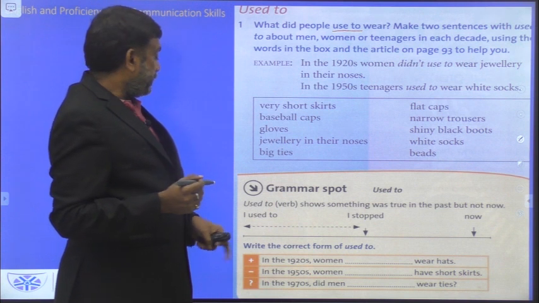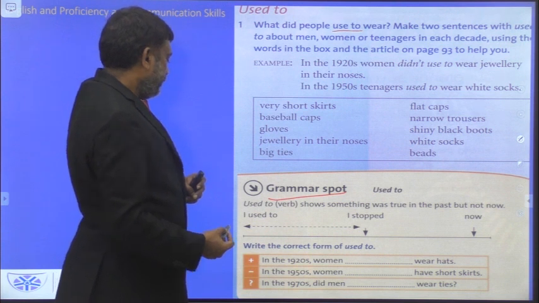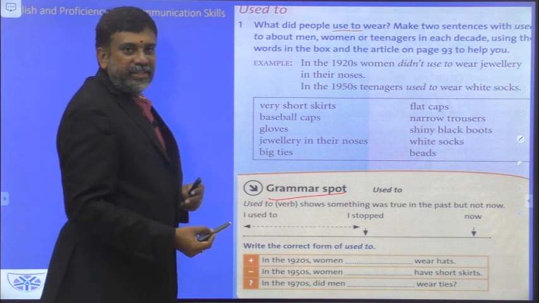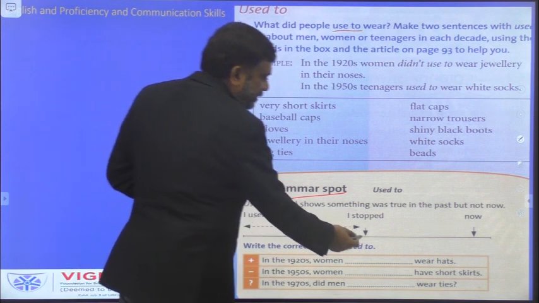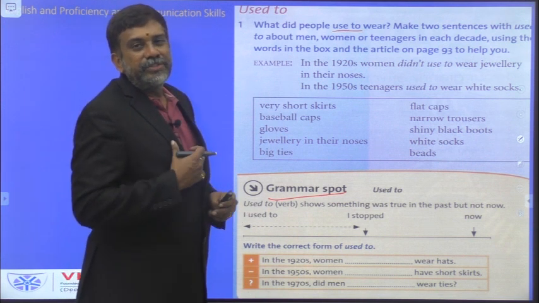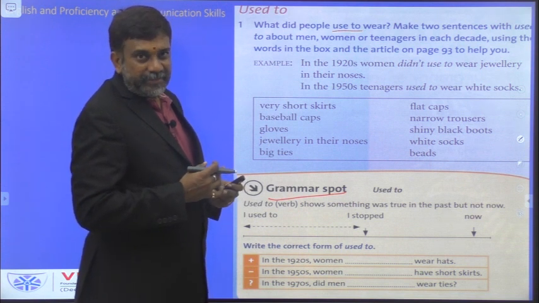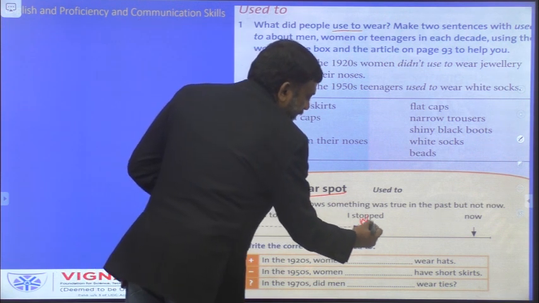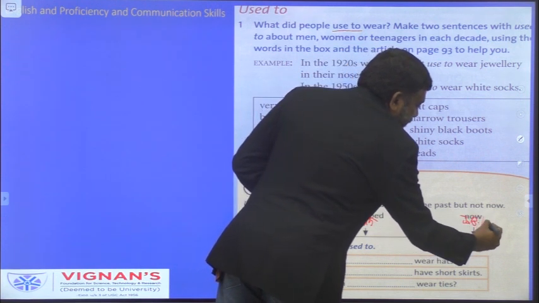One of the important tasks here is the grammar spot. Consider this as a timeline. You all know tense means time and the timeline. This is the past, present and now. Suppose, for example, I used to drink milk up to my 10th class every morning. Consider this is my 10th class, and now I have completed my inter and I am in my first BTech.